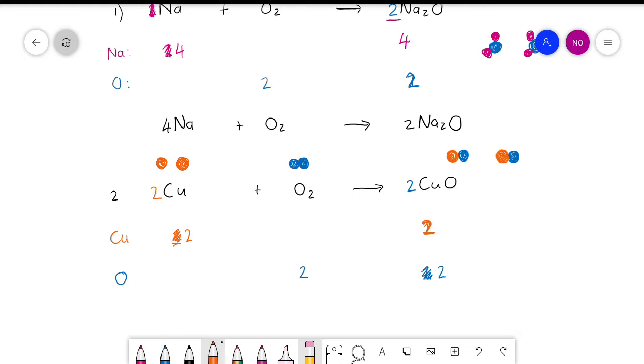Okay, do you guys see if I split it down the middle? I've got two orange ones before, two orange ones after, two blue ones before, two blue ones after. And count them separately. So these two are separate from one another, so there's two coppers. This is one thing, so there's only one oxygen molecule. And this is two separate ones, so that's why I get that two.